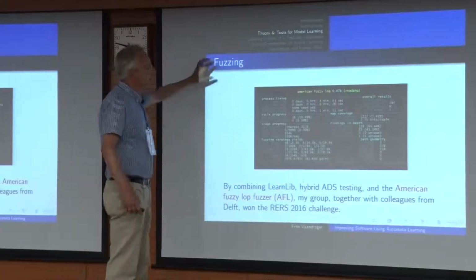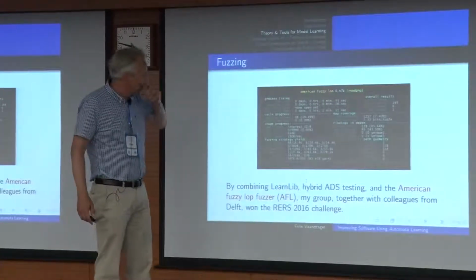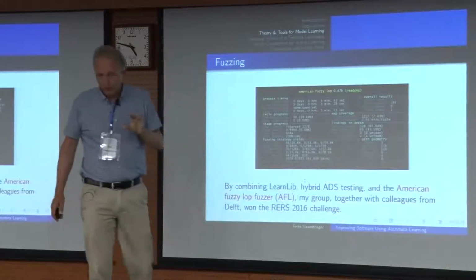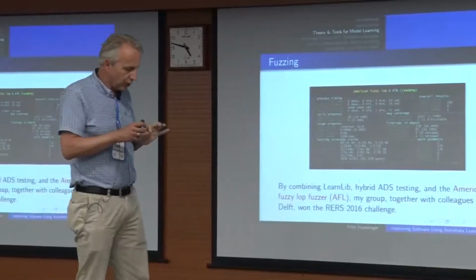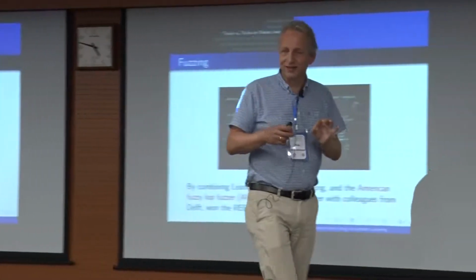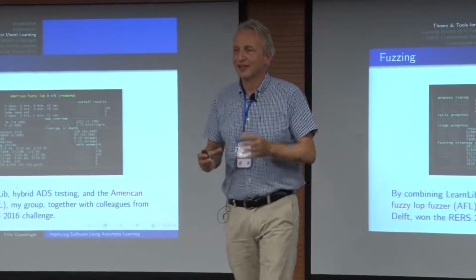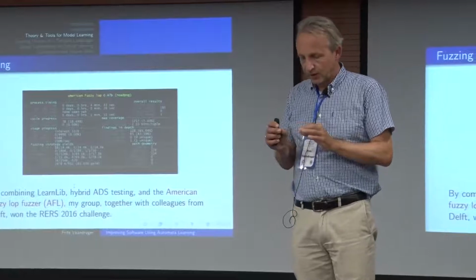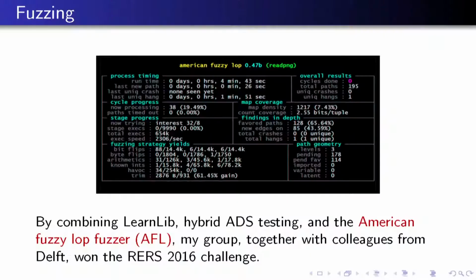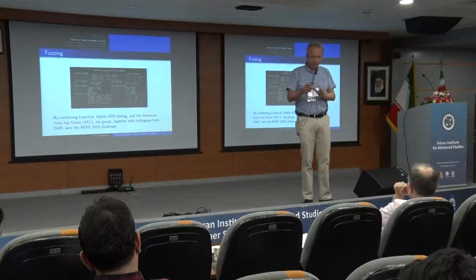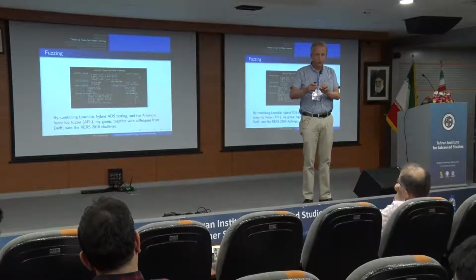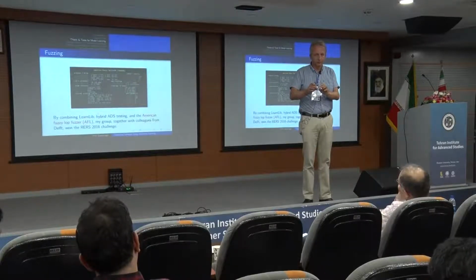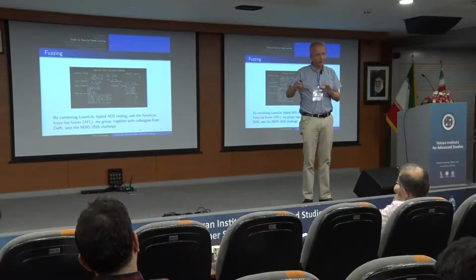So one idea is to use fuzzing. There is this wonderful tool, the American Fuzzy Lop tool, which is being used by hackers. Okay, let's use it as well. Basically, what it does is it sends various inputs to a piece of software, and then it instruments the code and checks whether certain branches in the executable are taken or not. And then it tries to compute if there are certain branches which are not taken.